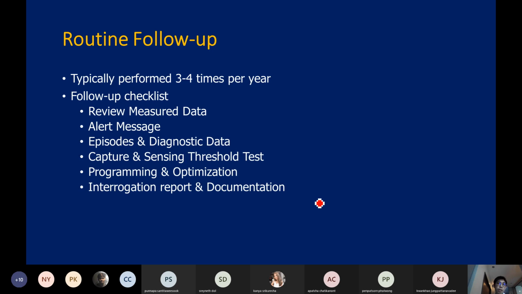There is a follow-up checklist. You review the measured data from the programmer. You see the alert message. The alert message appears when you have some malignant arrhythmia such as VT or VF, which will be stored in the device.